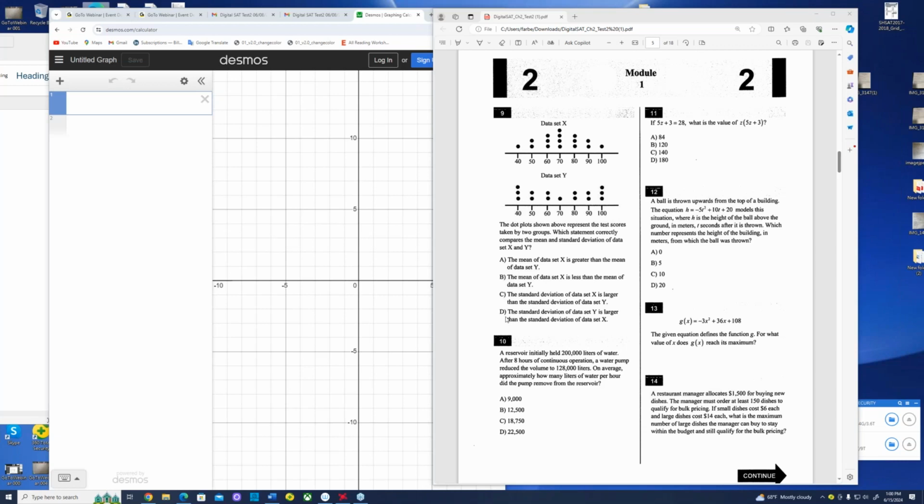So definitely the answer is D. The standard deviation of data set Y is larger than this data set. The standard deviation of data set X is straightforward. Okay, good. Let me go through this one.